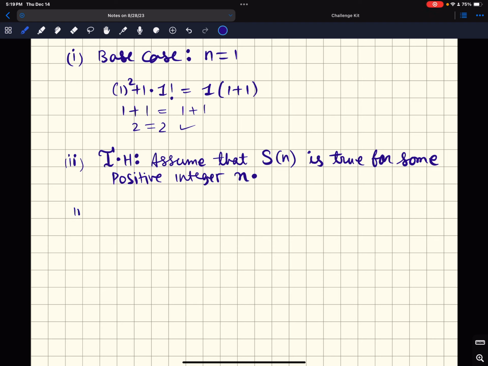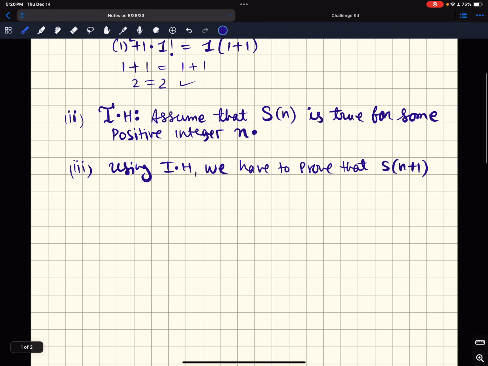And step 3 would be to use the inductive hypothesis from step 2. We have to prove that S of n plus 1 is true.